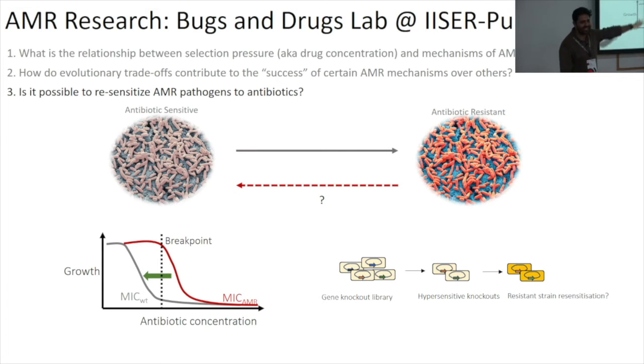So what we do is that we take these sensitized strains and we also evolve them in the drug, and we ask how stable are these kinds of sensitizations, because finally, we can introduce any number of antibiotics and any number of adjuvants, but if the lifetime of any new compound is about a year or two in the clinic, it doesn't really help us in any major way, right? And so we're interested in developing pipelines to be able to define how stable sensitization to antibiotics is likely to be, and of course we use lab evolution to do this.